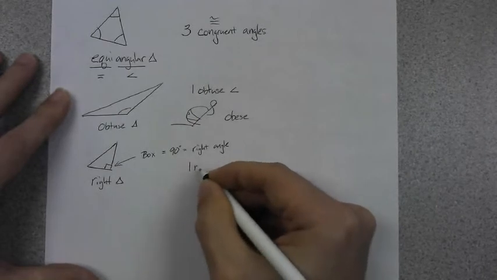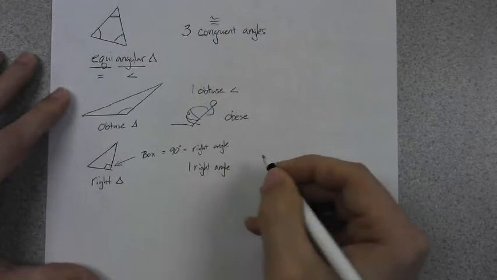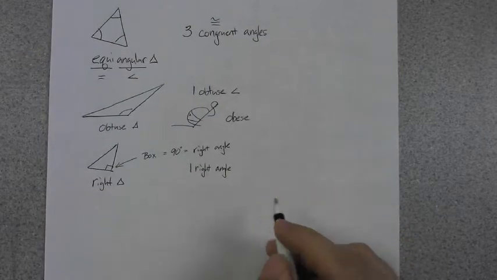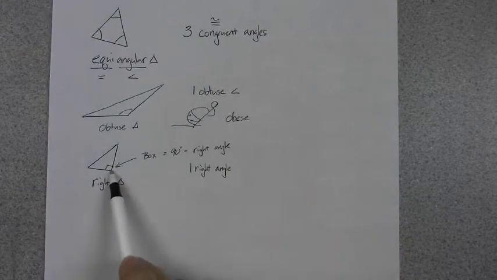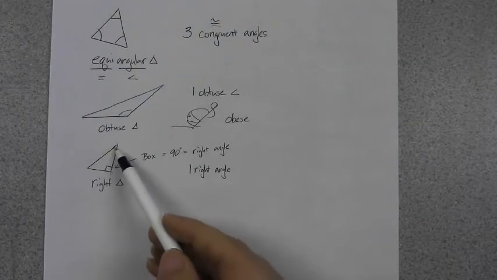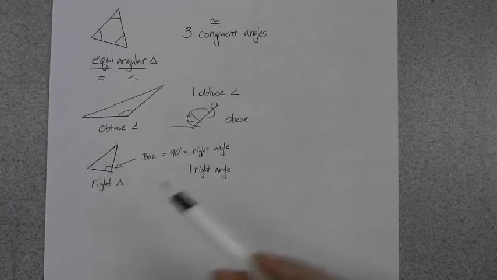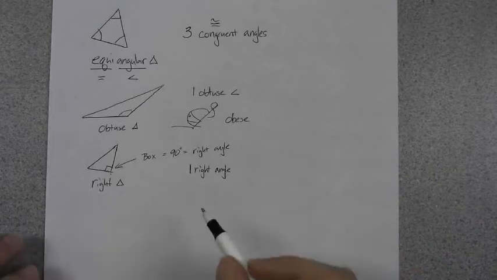So a right triangle has one right angle. It's impossible for a triangle to have more than one right angle, and the reason why is, since a right angle is 90 degrees, if you had two right angles, 90 plus 90 is 180. Well, we know that the sum of all the interior angles in a triangle has to add up to 180, so if you had two right angles, you couldn't have a triangle.